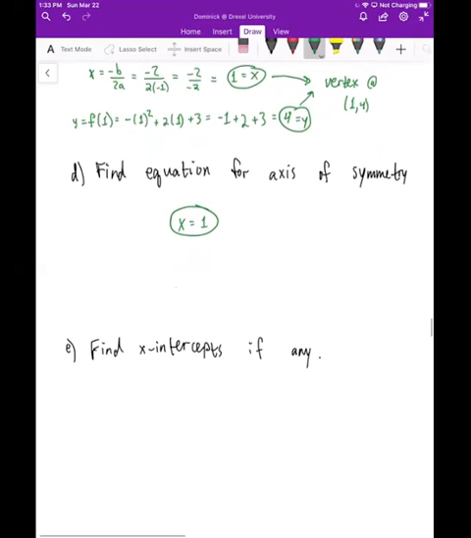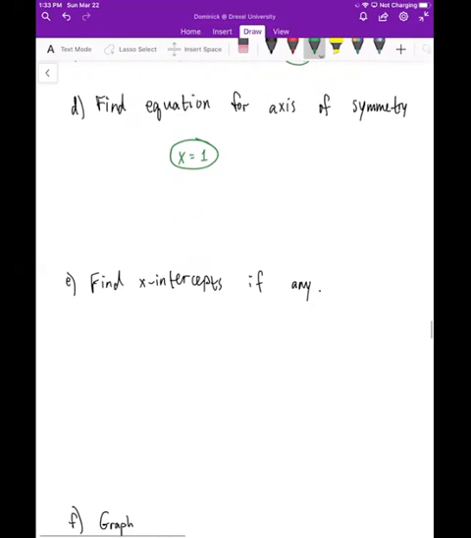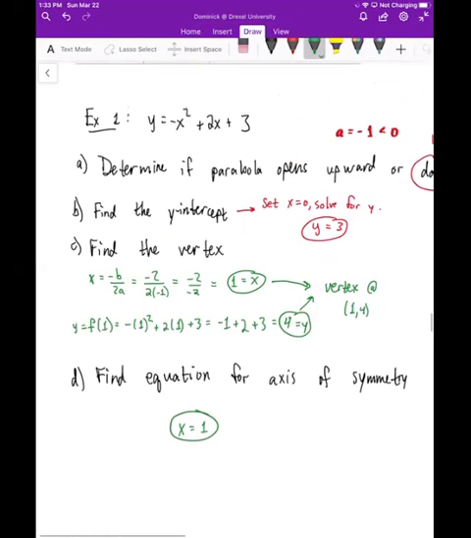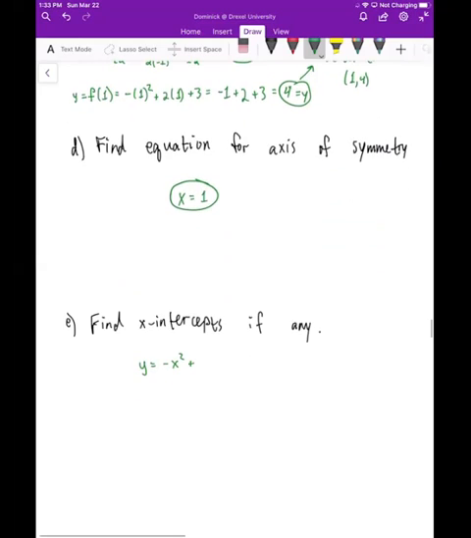Okay, so now the next step is to find the x-intercepts. And again, our equation was y is equal to -x squared plus 2x plus 3. So in order to find the x-intercepts, you set y equal to 0 and solve for x. So then we get 0 is equal to -x squared plus 2x plus 3.